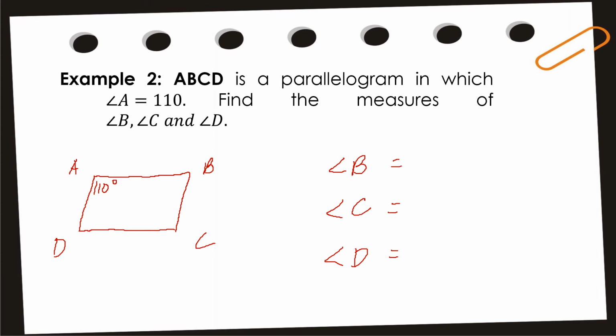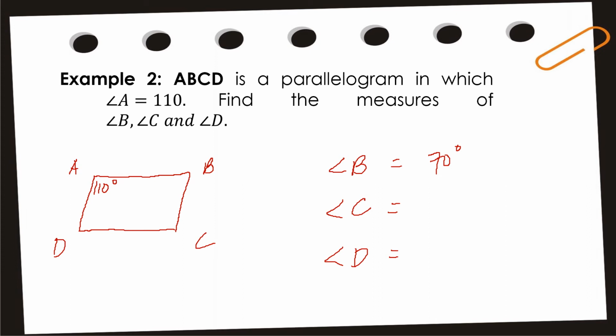So if angle A is 110 degrees, it only means that angle B measures 70 degrees. So we have 110 plus 70, that is equal to 180 degrees.